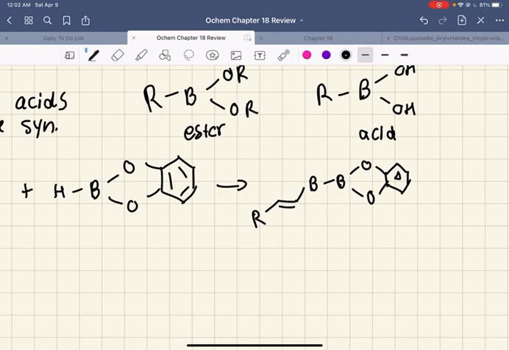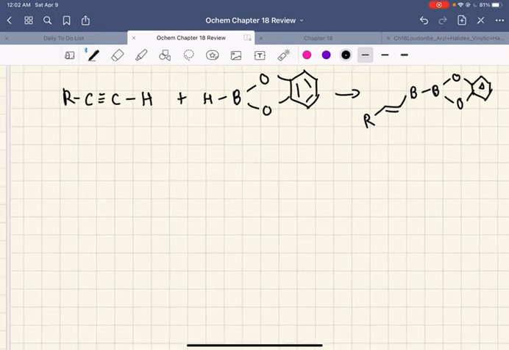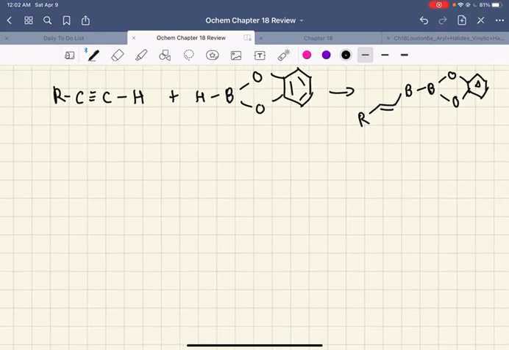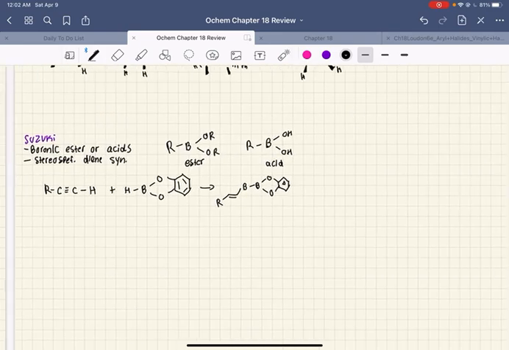Another example would be something like this. Well, that's actually a pretty good example. We can move on to Negishi.